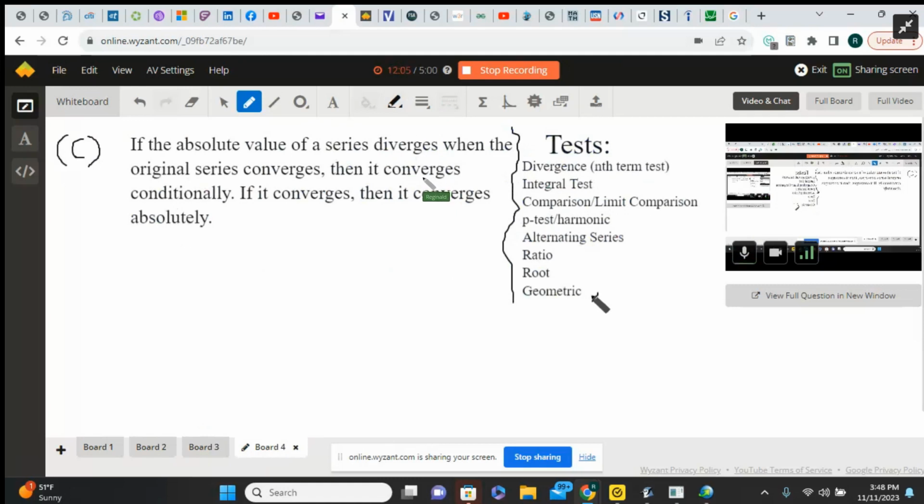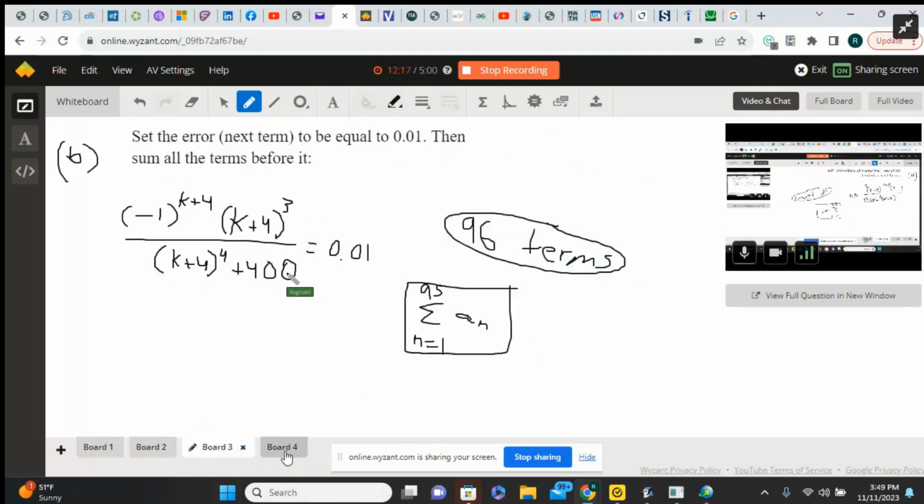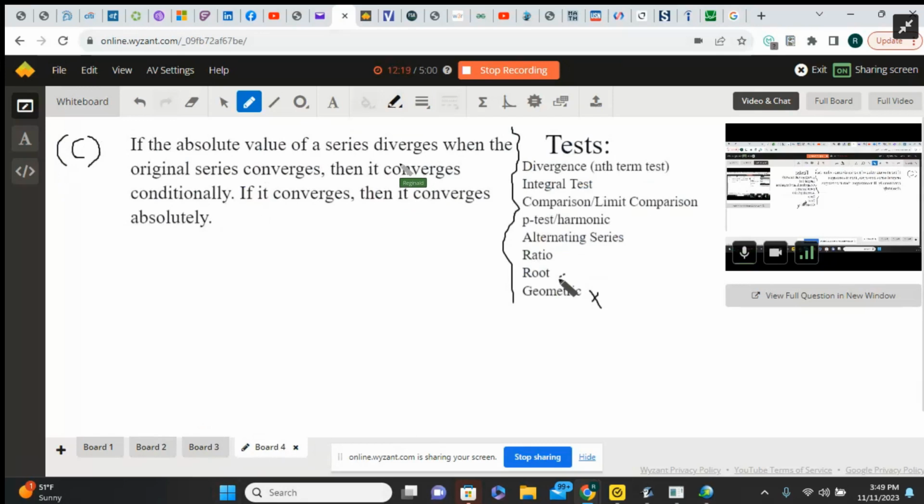This doesn't have one exponent attached, so we can't use the root test. I'm going to X that out. The ratio test may work, but is it necessary? Is there a quicker way? We can't use the alternating series test because that defeats the purpose.